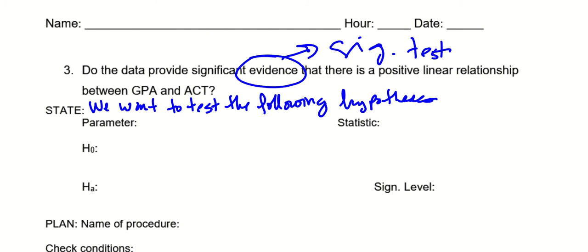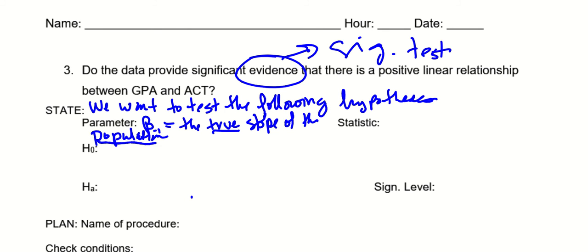Where our parameter is beta 1, which is the true slope of the population.